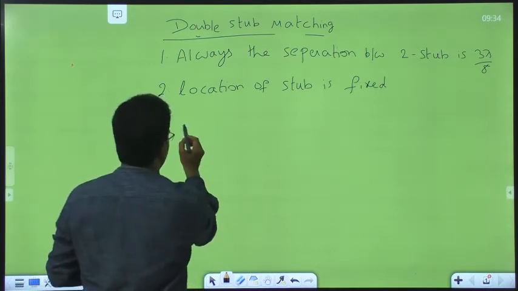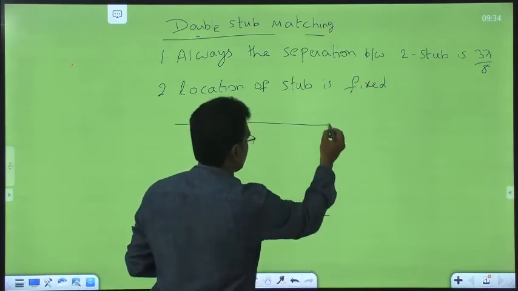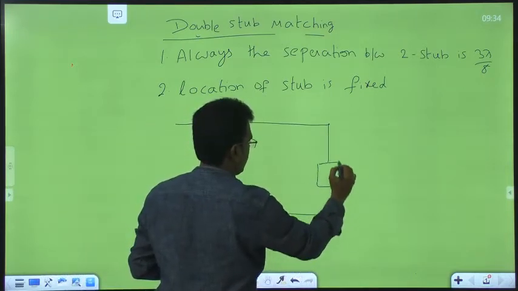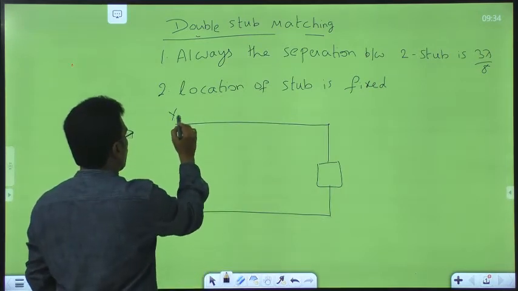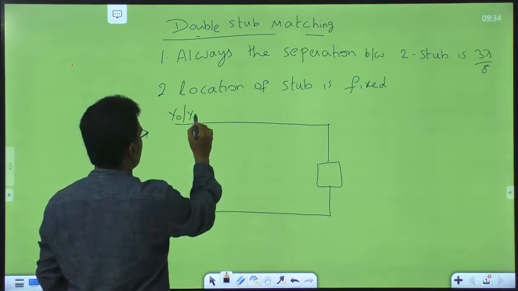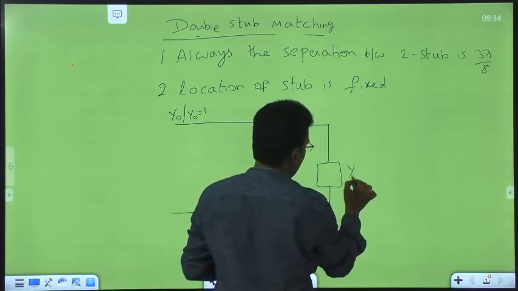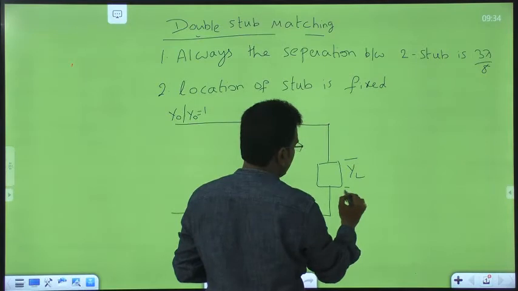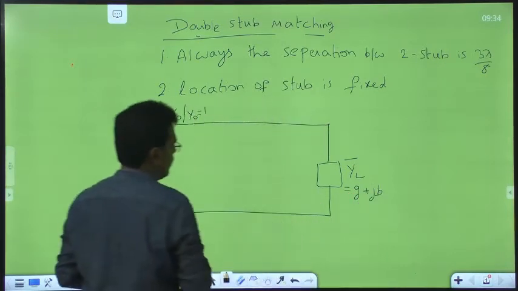So now I will draw the circuit of the double stub matching technique. Again we have to go for normalized admittance, because we are connecting them in parallel. This is Y_L bar, nothing but some G plus jB.